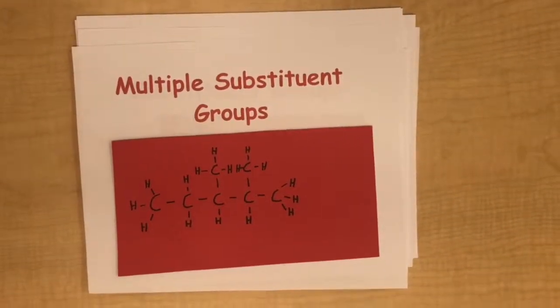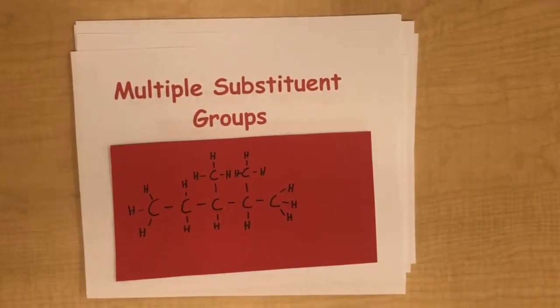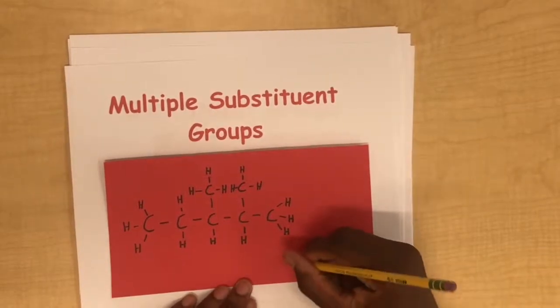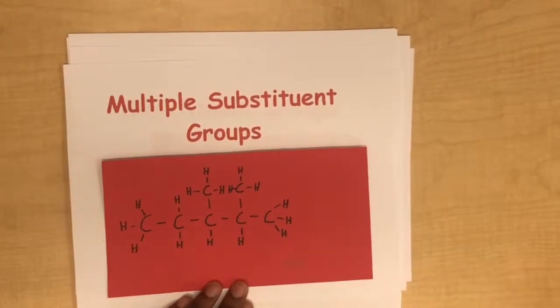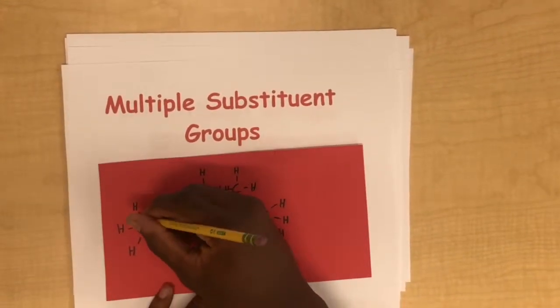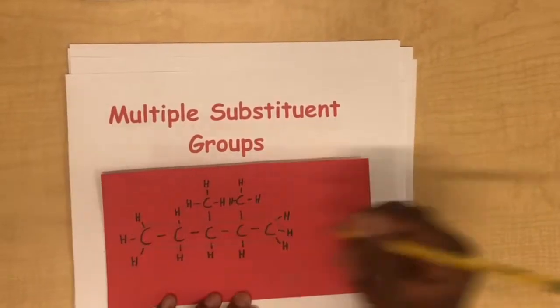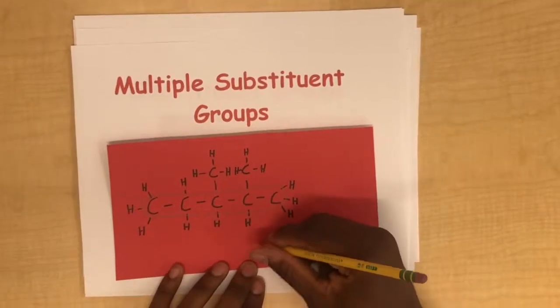For example, here we have an alkane, so therefore it would end in ane. And the longest chain is 5 carbons. Therefore, the prefix would be pent.